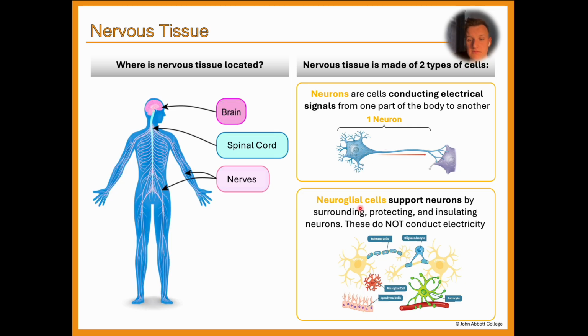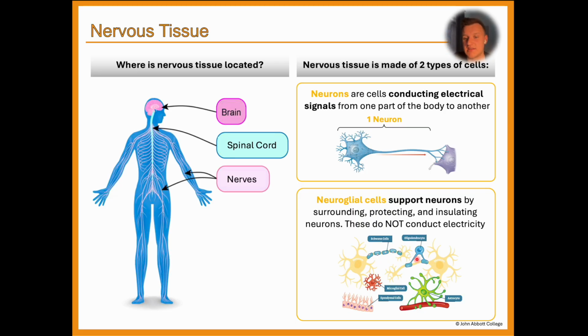Neuroglial cells are not neurons. They support neurons by surrounding them, protecting them, and insulating the neurons. Okay, all I need you to know for now, they do not conduct electricity. They help support the neurons. So neurons are the big fame.